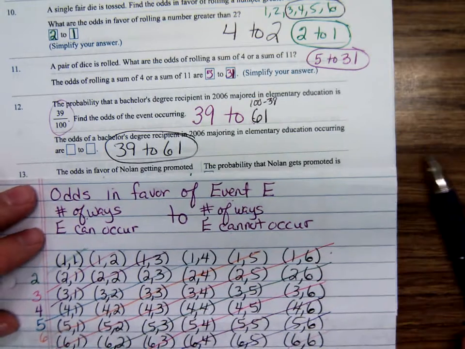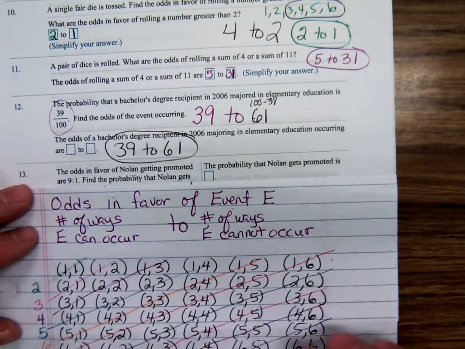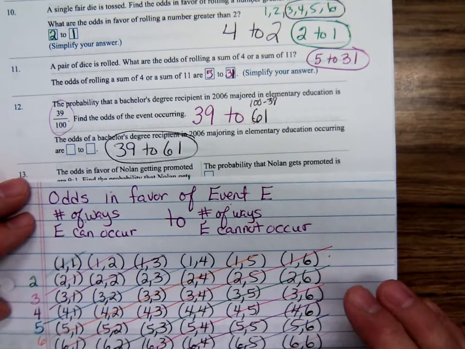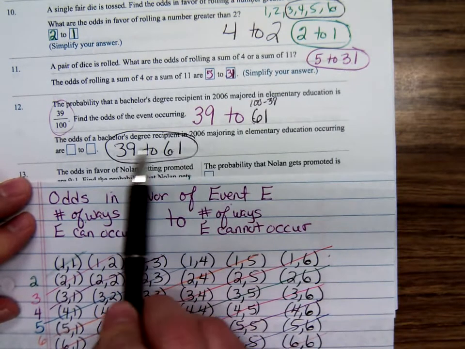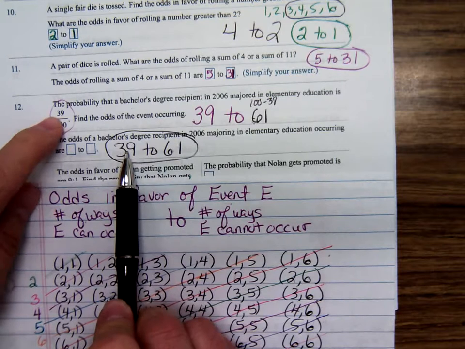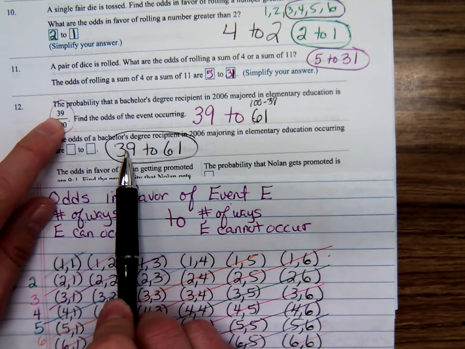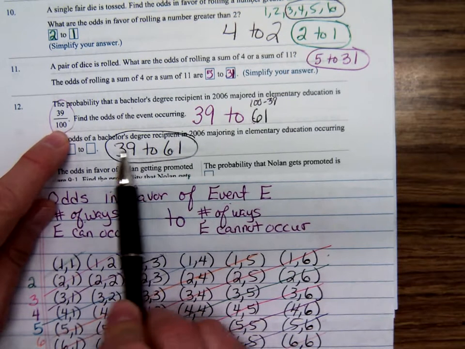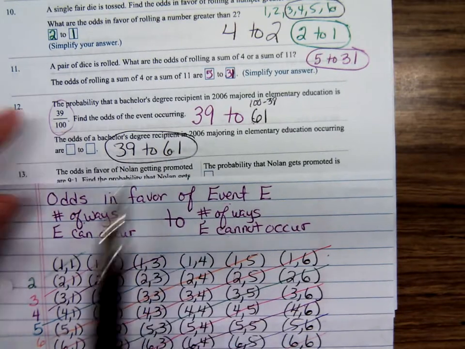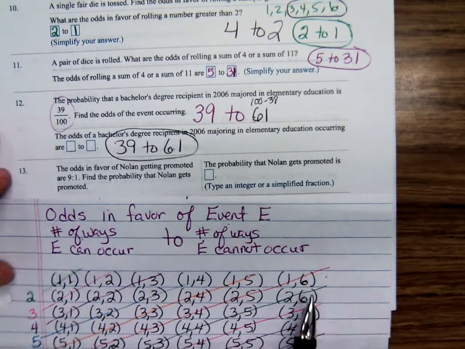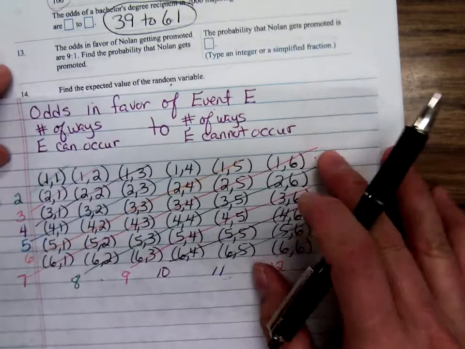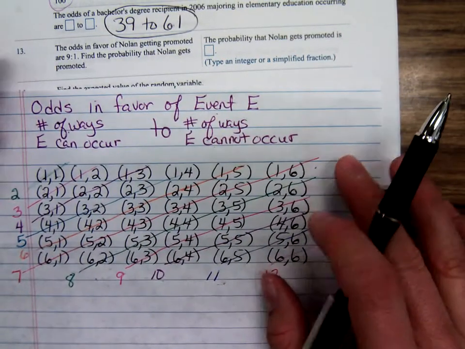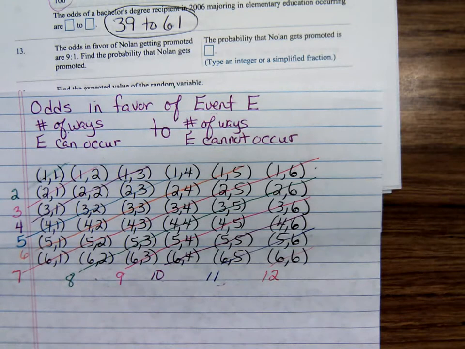So what we're doing now is converting between odds and probability. When you have the odds, the top number is the first number, and the bottom number is the sum of these two numbers. With that in mind, let's see what it says on number 13 about Nolan. The odds in favor of Nolan getting promoted are 9 to 1.